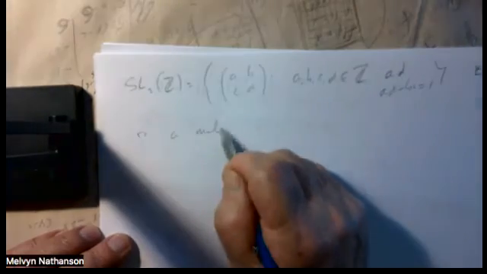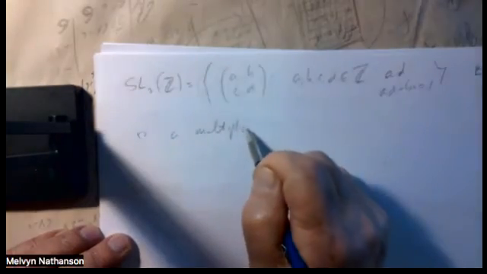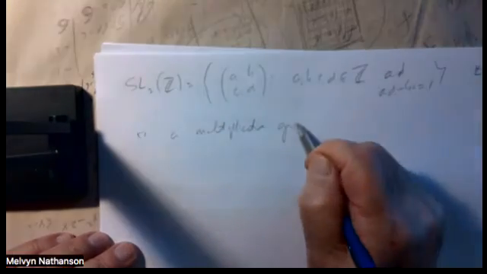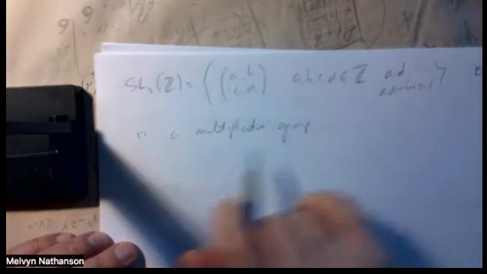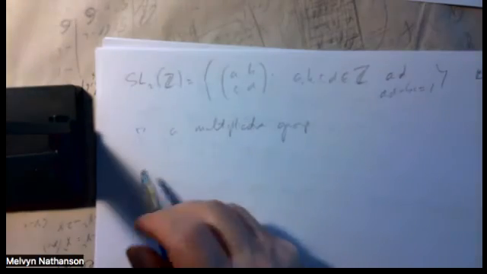This is a multiplicative group, because the group operation is matrix multiplication. And if you take almost any 2 random examples, you should see that this group is not abelian.